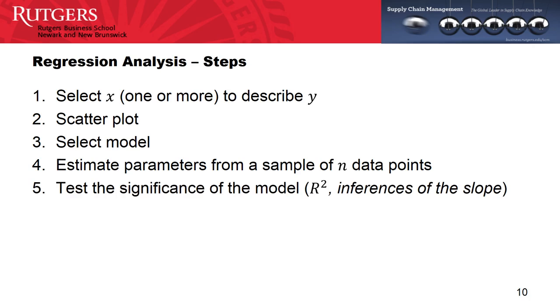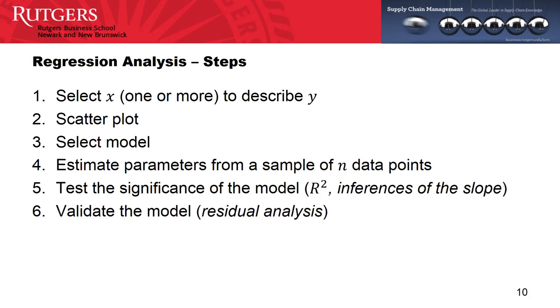In step 5, we test the significance of the model by R-square and inferences of the slopes, to be explained later. In step 6, we shall validate the model by analyzing the errors of the model, called residual analysis. Finally, in step 7, after the model is tested and validated, we can use the model to make forecast.